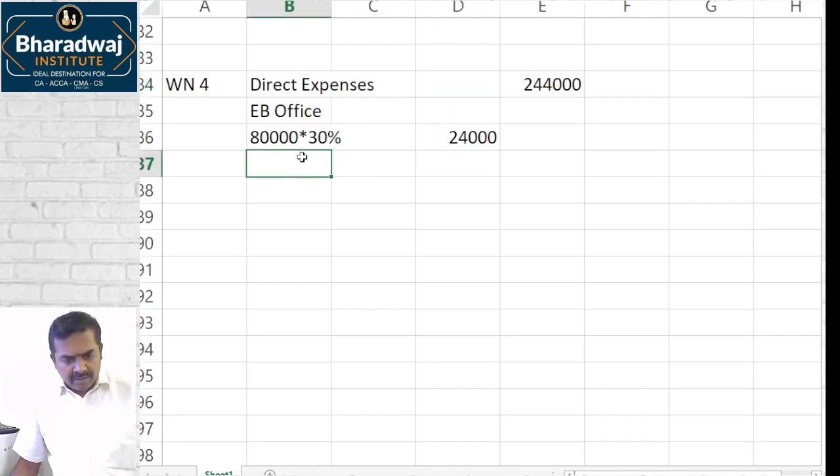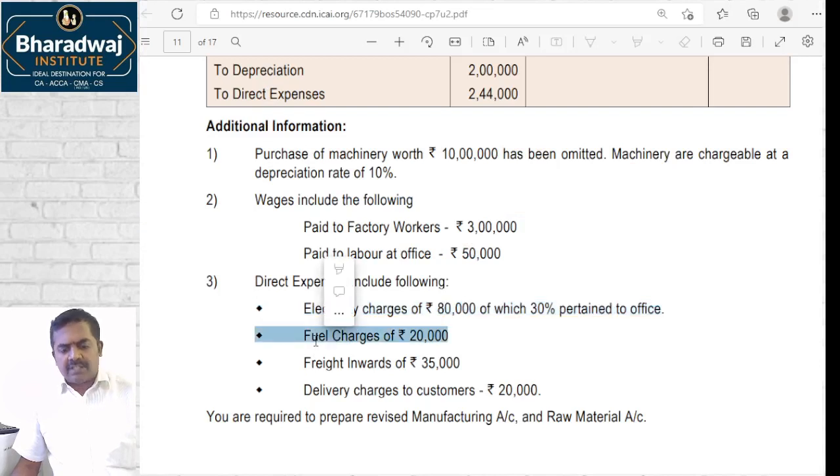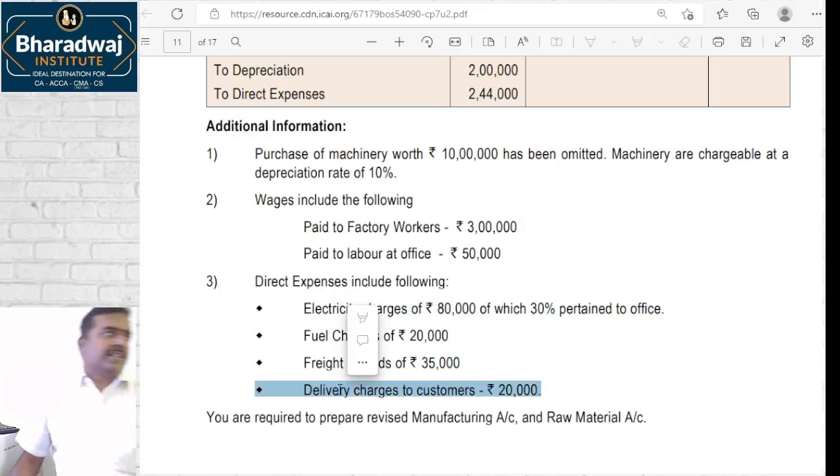Wait. Next, fuel charges, can it be included? Yes. Freight inwards, can it be included? Yes. Delivery charges to customers: we sold the goods to the customer and paid delivery charges, which is carriage outwards.